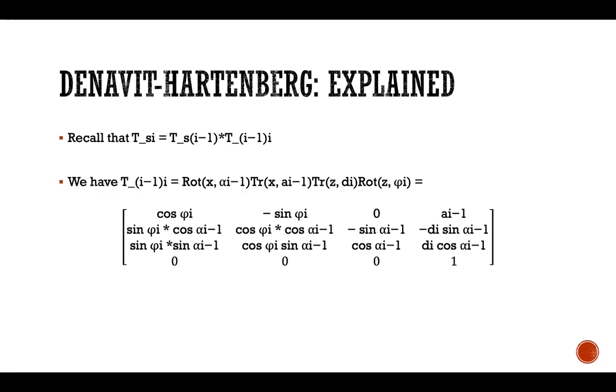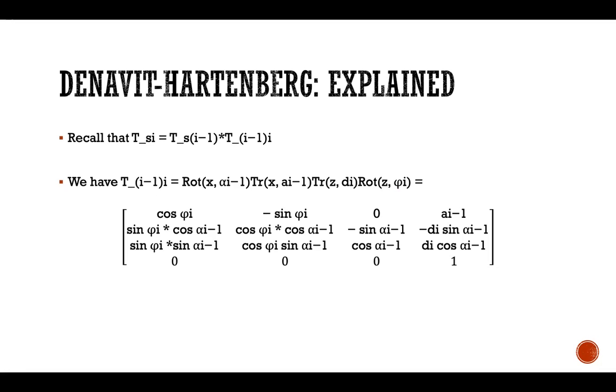Moving on, we need to recall how to define T_{S,i}, which is equal to the product of T_{S,i-1} and T_{i-1,i}. We have that T_{i-1,i} is a product of 4 matrices: a rotation around the x-axis with an angle alpha_{i-1}, a translation about this axis with a distance a_{i-1}, a translation about z with d_i, and the rotation about z using phi.